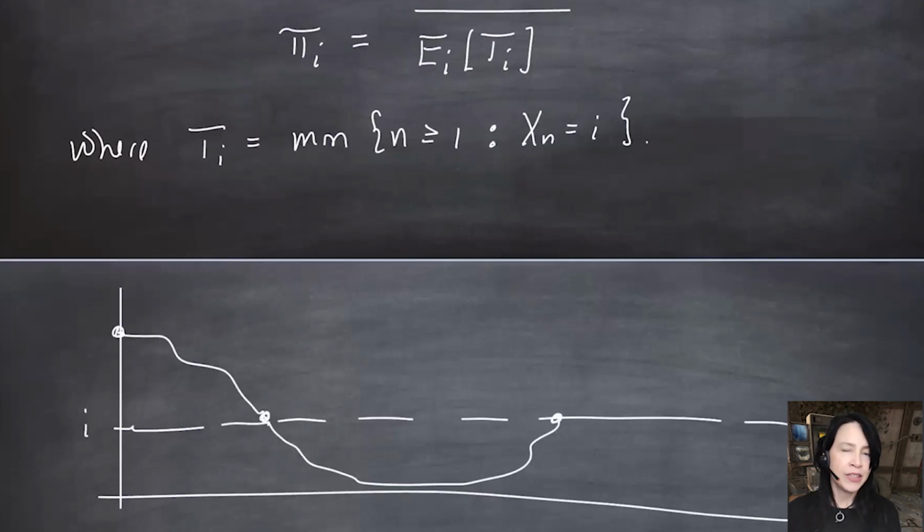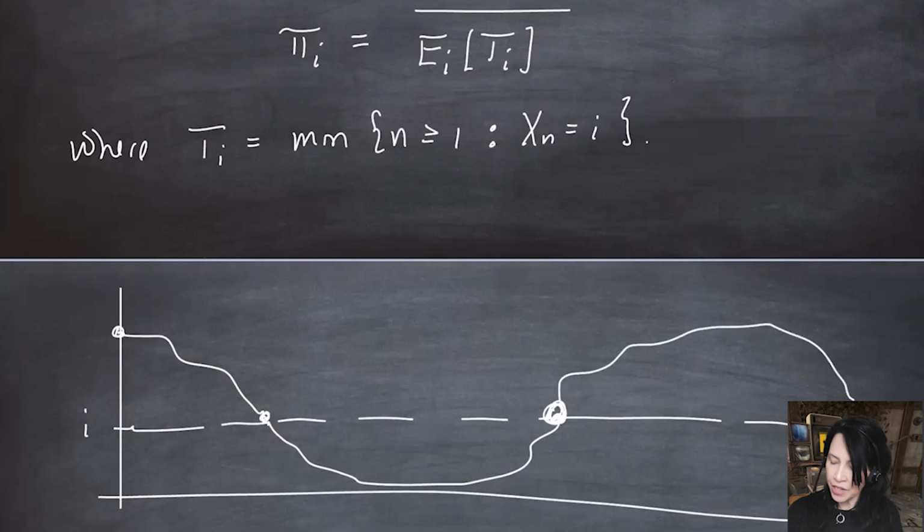Now, using the Markov property, since you know you're at i, you don't care what happened before that. You're going to set off again on your travels, and you will eventually return to i, again and again and again. These little sojourns between visits to i are not necessarily the same number of steps, but on average, they have this many steps in them: the expected return time to i starting from i.